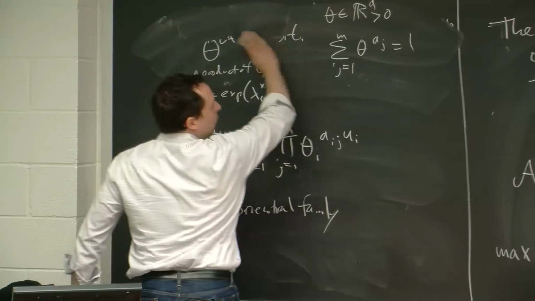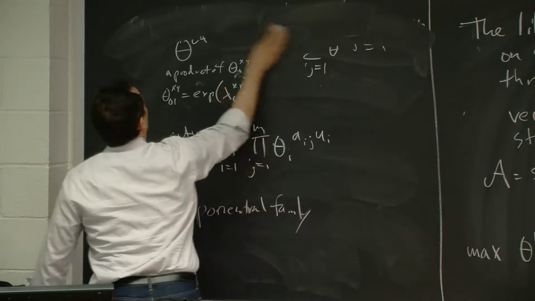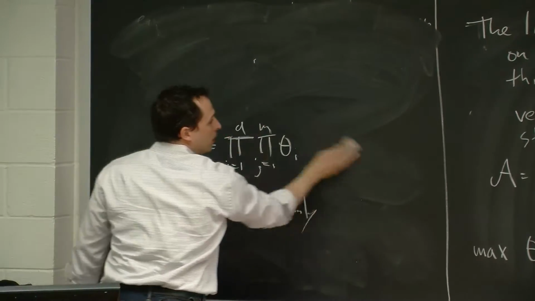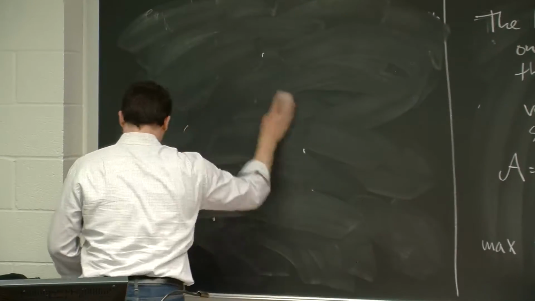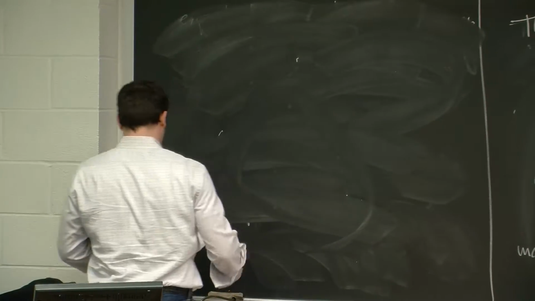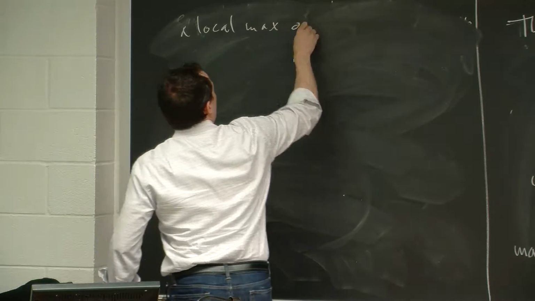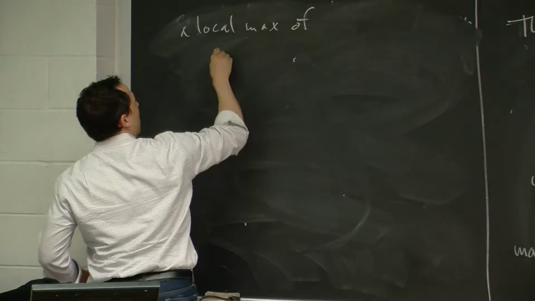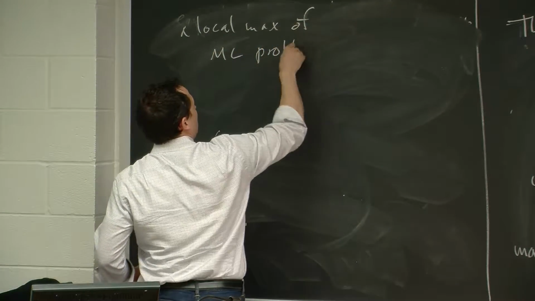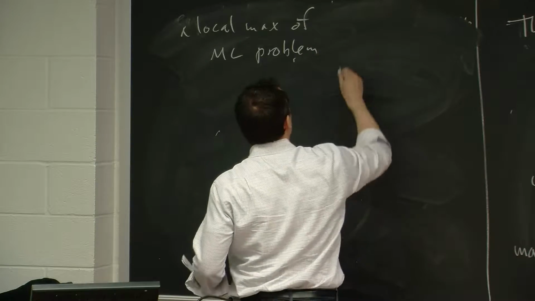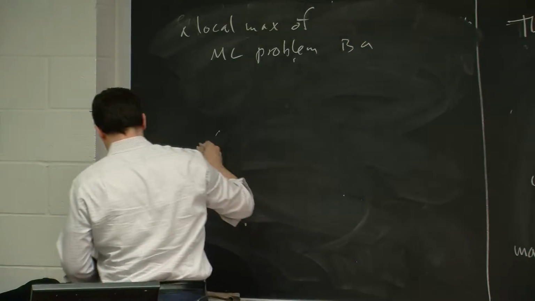So let me explain a little bit about why this statement is true. AP equals 1 over N B. So a local max of the ML problem, maximum likelihood problem, is a critical point.